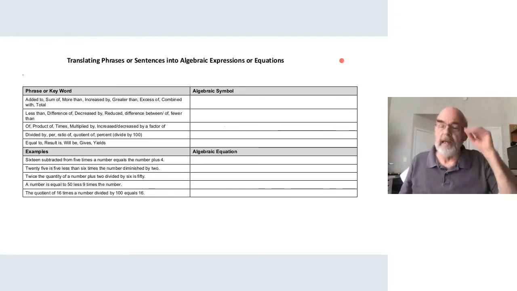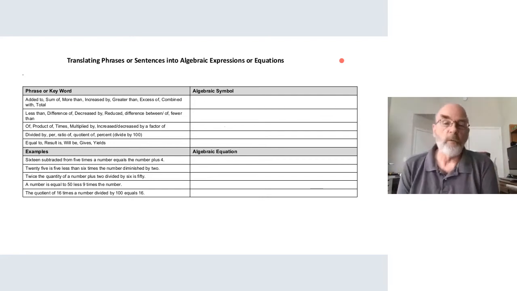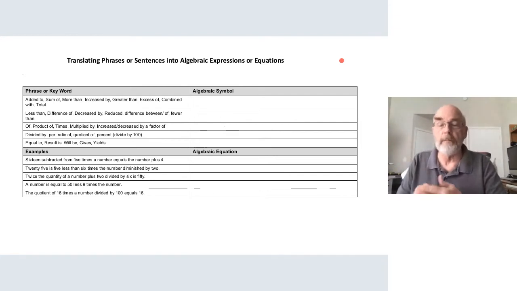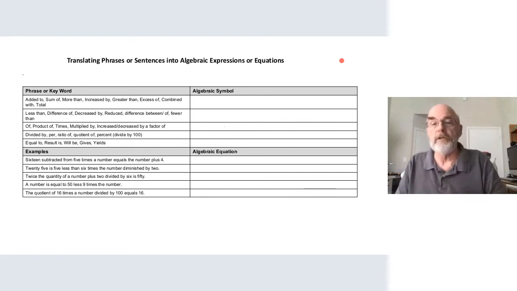And having said that, one of the skills one needs in order to do that, of course, is that translation. As I said, often the tough part is understanding the problem. So that's starting with the problem written or given to you either verbally or written on a piece of paper or out of your book or off the computer, and then trying to translate what the heck it's asking you to do.